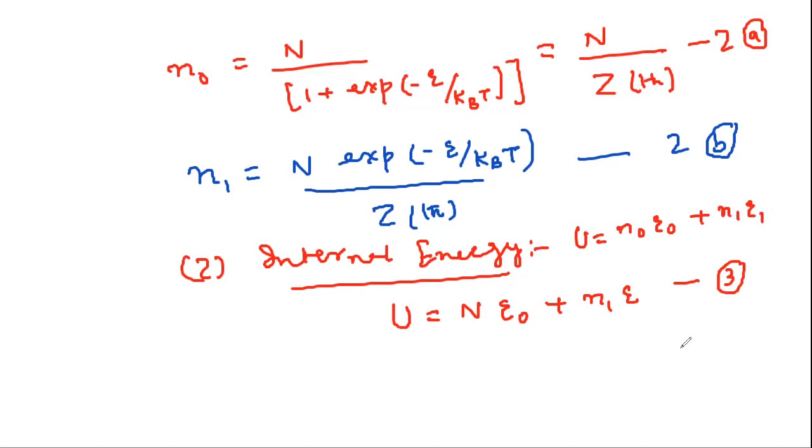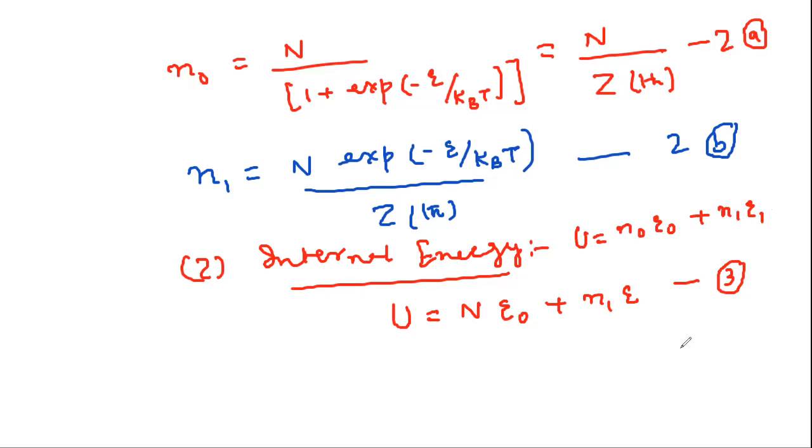Then we wrote it as N epsilon naught plus N1 epsilon, where epsilon is the energy difference of the states. We named this equation 3.